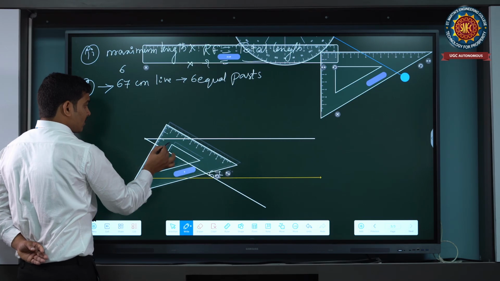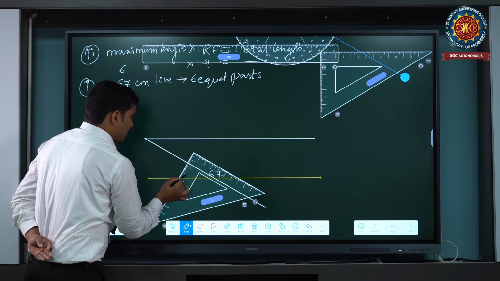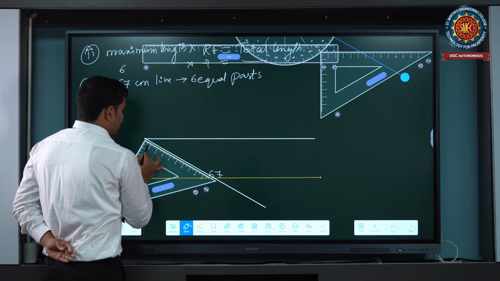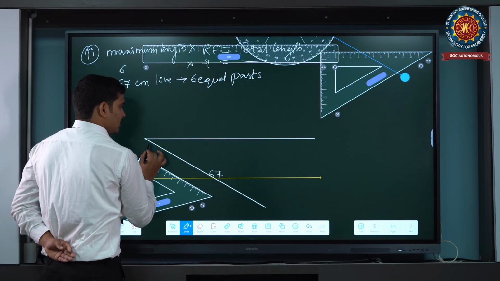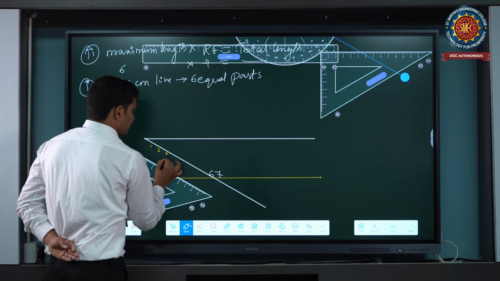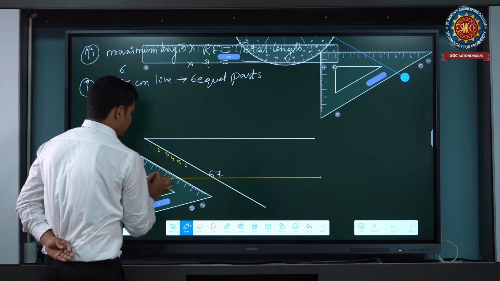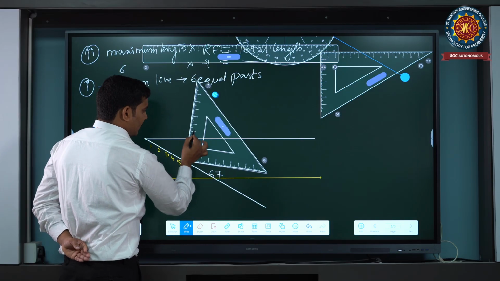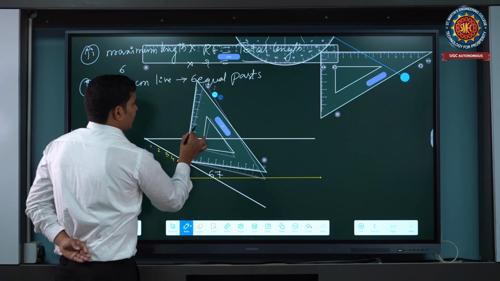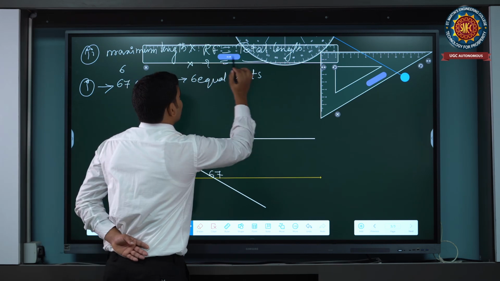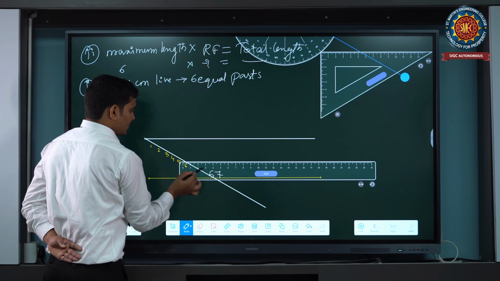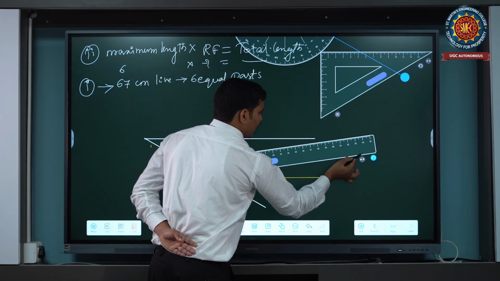Now at the end point, whatever the end point is, you mark the dimension 0, 1, 2, 3, 4, 5 and 6. This end portion you can join to the line by using the set squares. The long scale is needed to mark the dimension. The sixth line is joining to the end line.